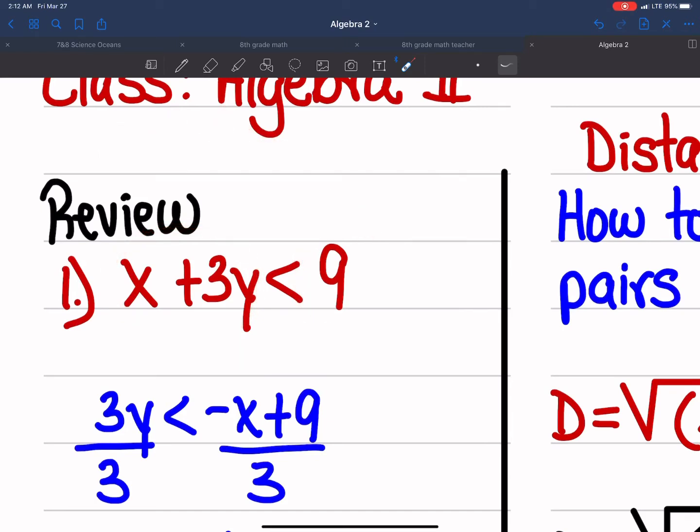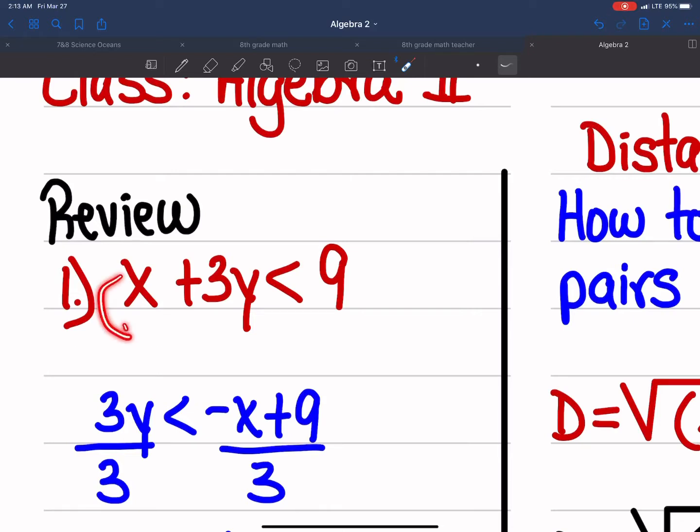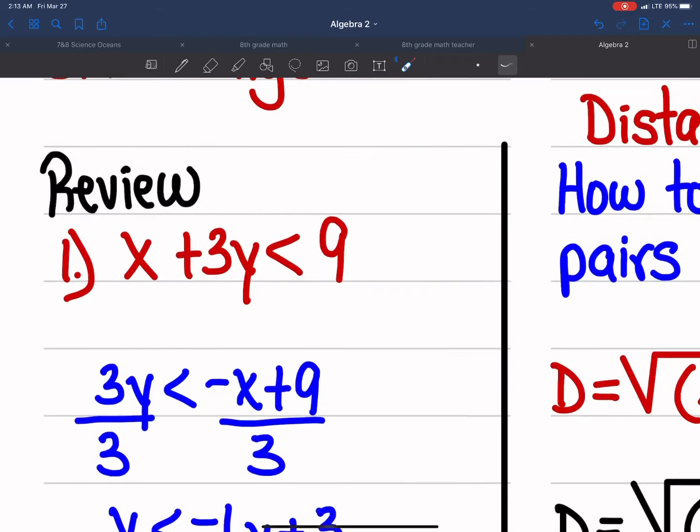Whenever we move any part of the inequality from one side to the other, we must change the sign, because our goal is to have that y by itself, since we are looking to transform that inequality to y equals mx plus b form, slope-intercept form.